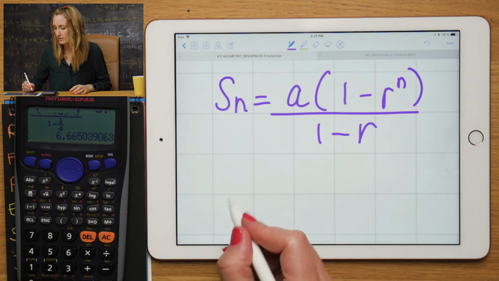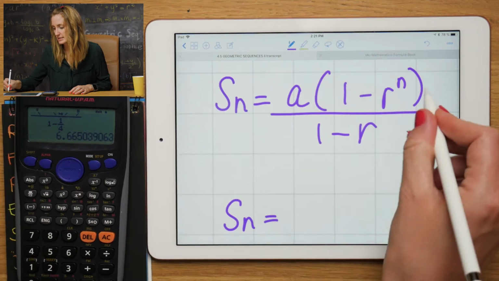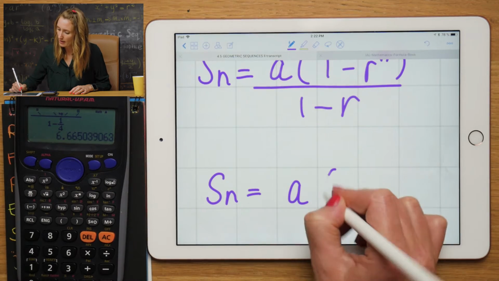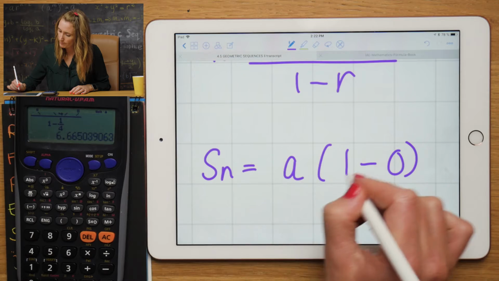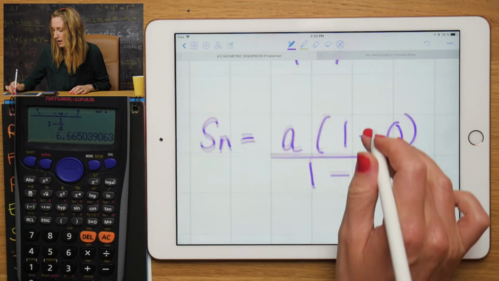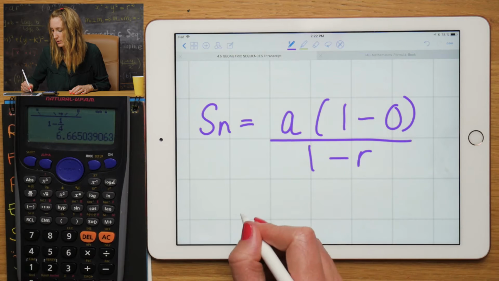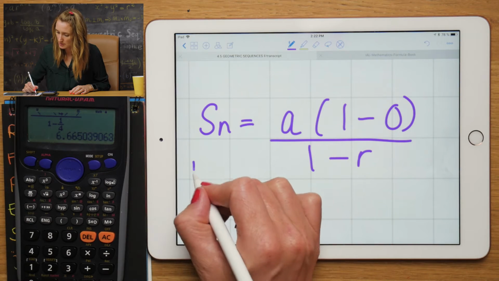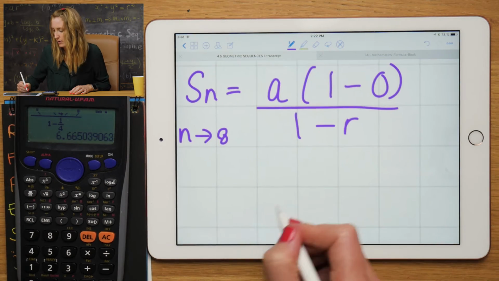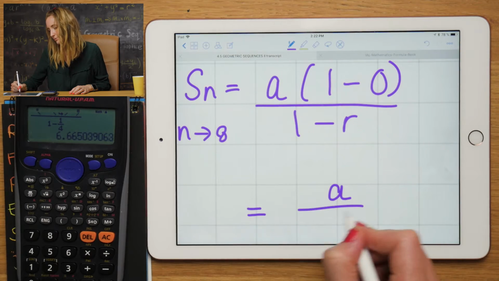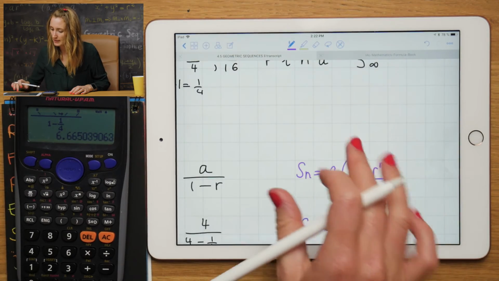So if I imagine this formula with such a teeny tiny r to the n, it would be a times 1 minus 0, over 1 minus r. And 1 minus 0 is 1, so it would be a times 1, which is just a.